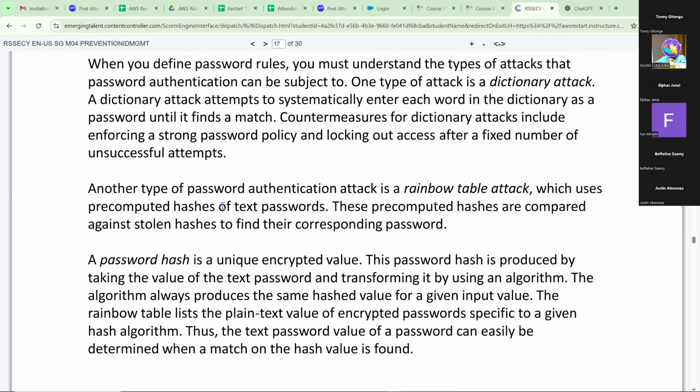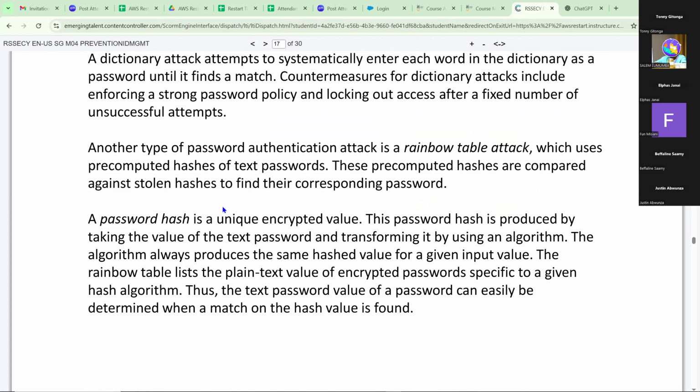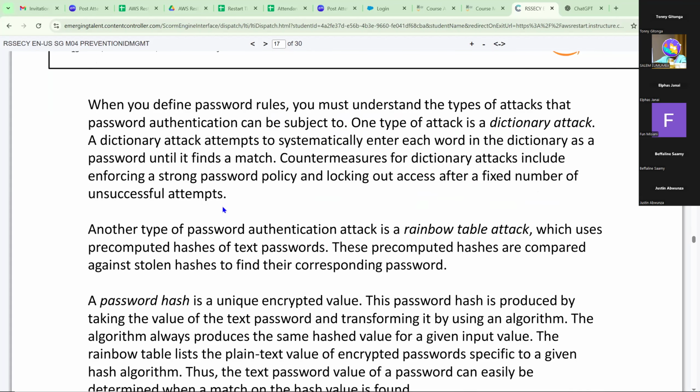So you will read about this, or let us just go through it together. When you define password rules, you must understand the types of attacks that password authentication can be subject to. One type of attack is what we call a dictionary attack. A dictionary attack attempts to systematically enter each word in a dictionary as a password until it finds a match.